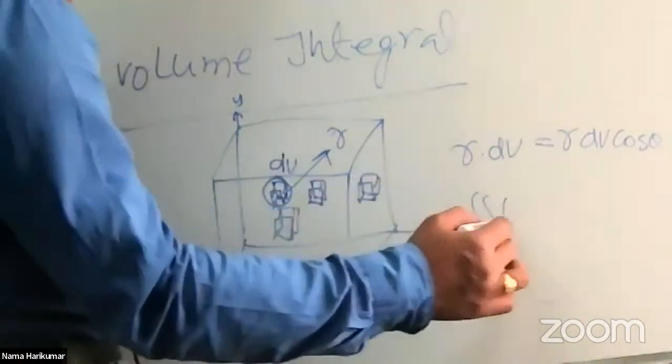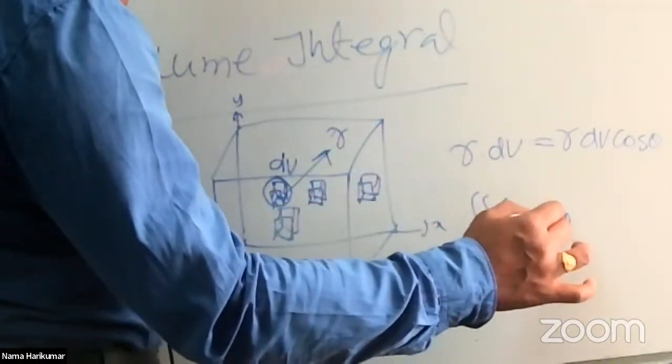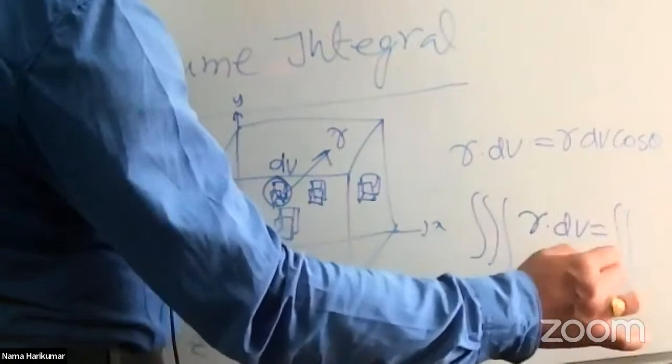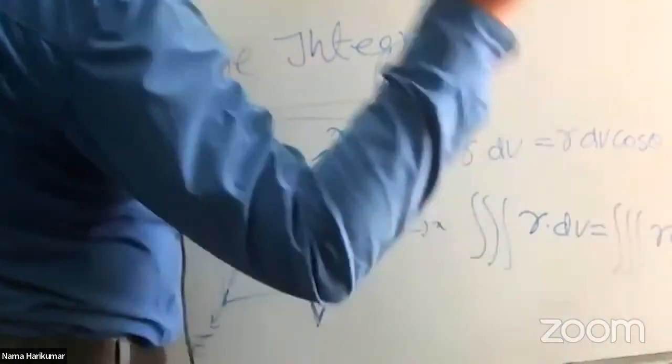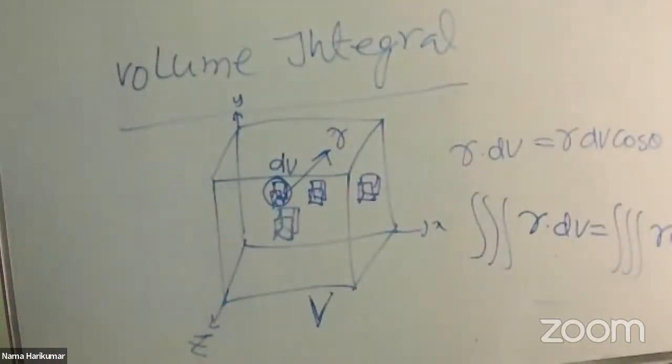So triple integration of r dot dv is equal to the triple integration of r dv cos theta. This is the value integral. Is it clear?